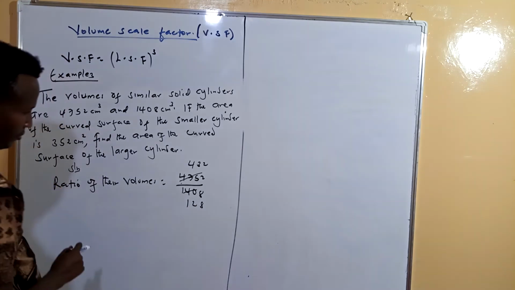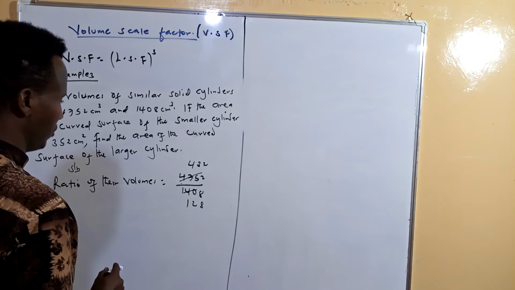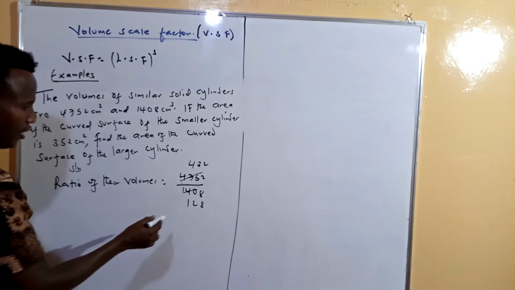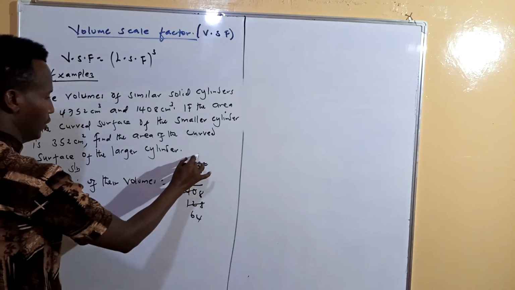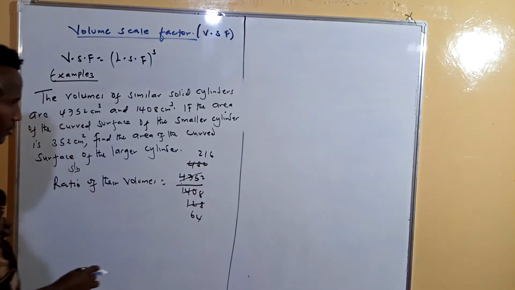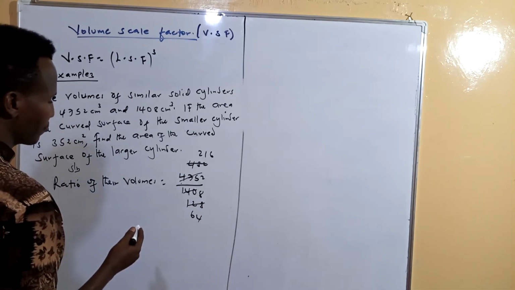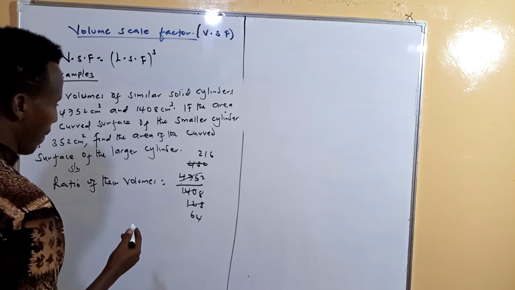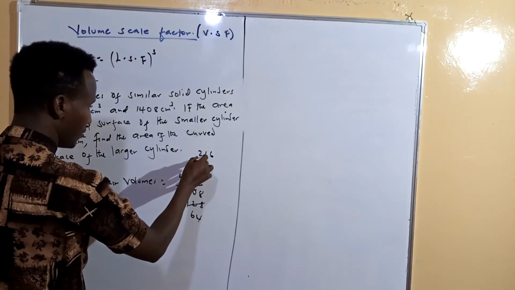Then dividing by 2, we get 216 and 64. I can still simplify this, but let's go ahead.